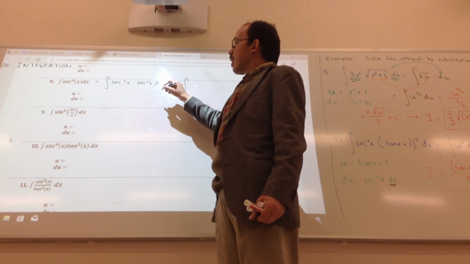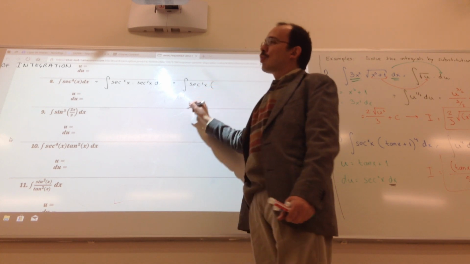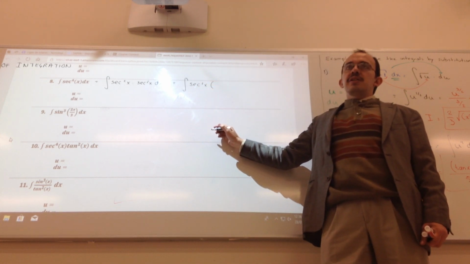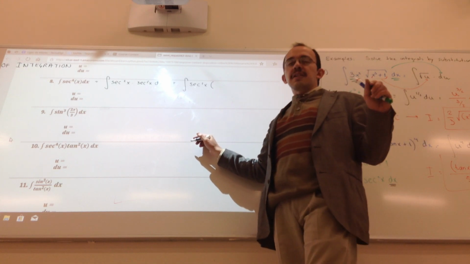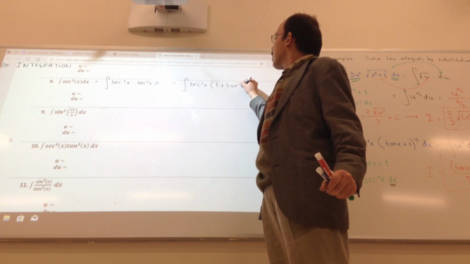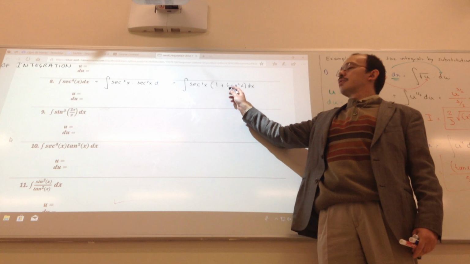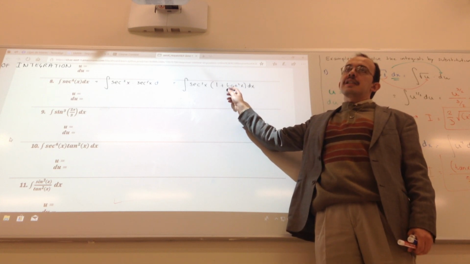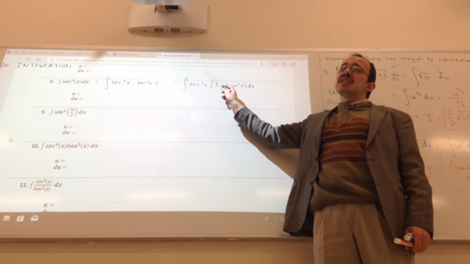One of the secant squared is going to stay the same, but the other one is going to be changed using what? Cosine... 1 plus tangent squared of x dx. Remember this one? Anything from math 4. Can I separate that integral?